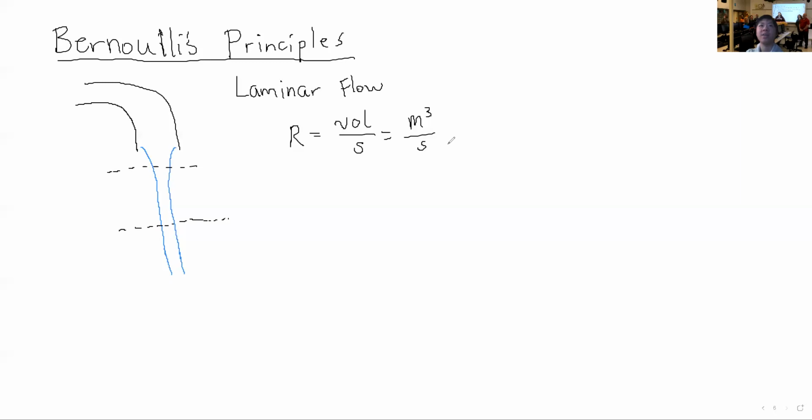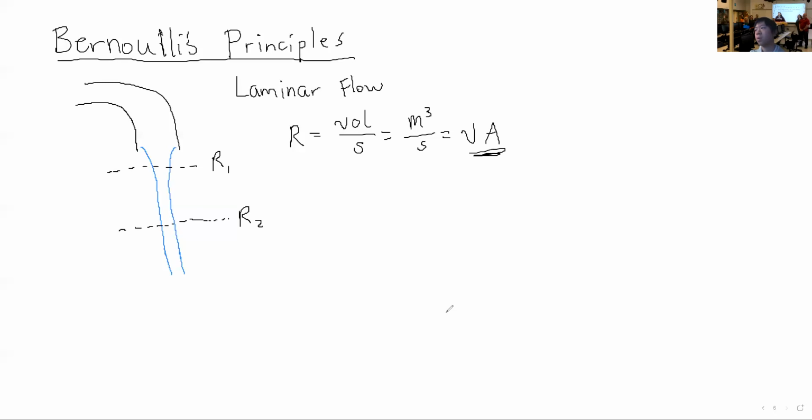Yeah, V times A. It's actually pretty interesting. It is equal to the velocity times area, right? Okay. So we can take two different cross sections. Let's call this cross section 1 with flow rate 1, and cross section 2 with flow rate 2.